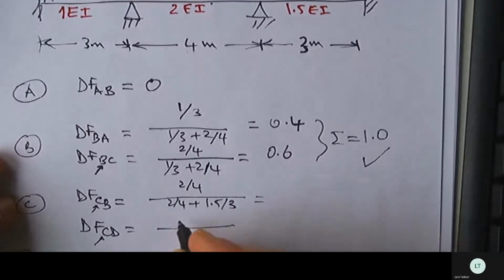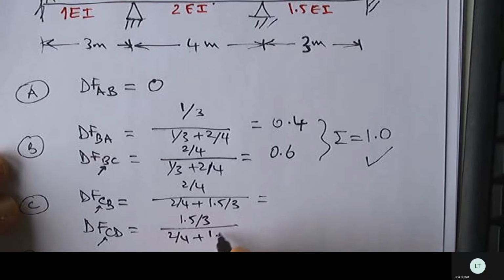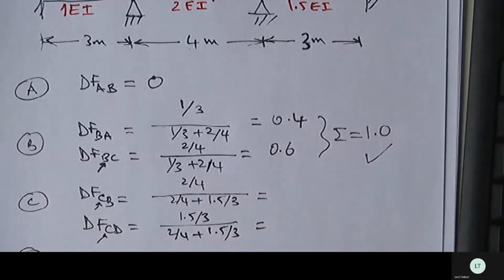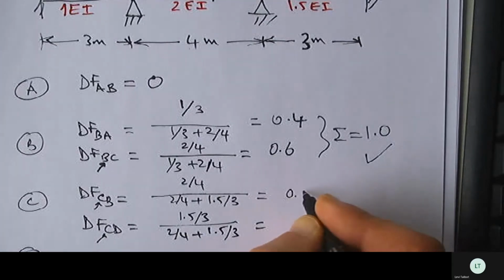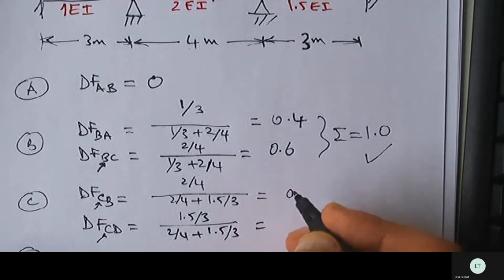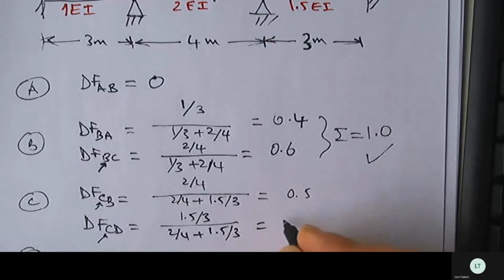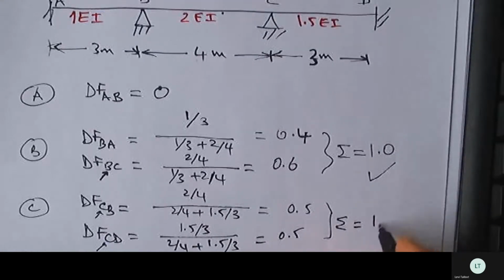And at the bottom, we have 1.5/3 divided by 2/4 and 1.5/3. So what answer do you get? 0.5. It will be, yes, actually. So the sum is 1 again.